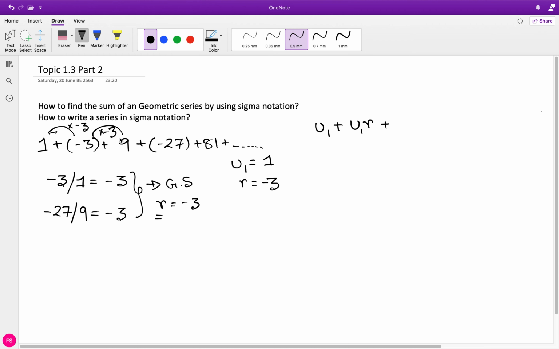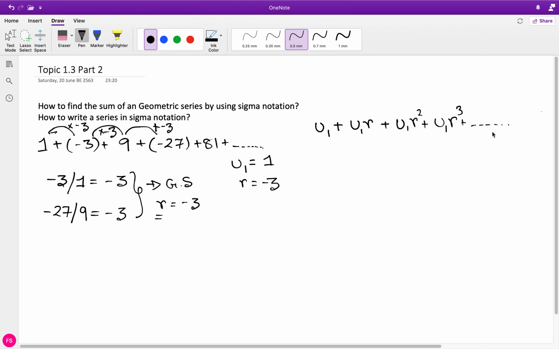That means you're multiplying the common ratio again with the second term. If you multiply R with U1R, you will get U1R squared. The term after that, you need to do the same thing, multiply the common ratio with this term. So U1R squared times R will give me U1R cubed and so on.